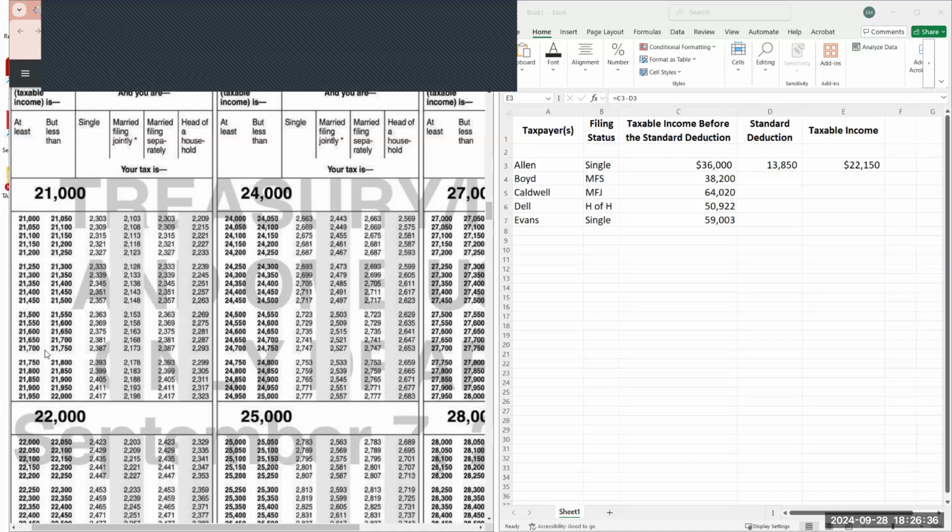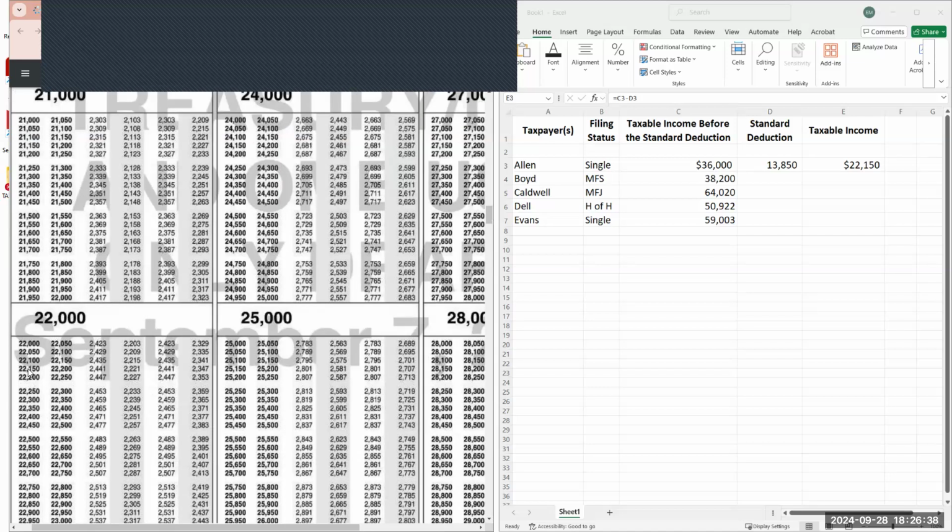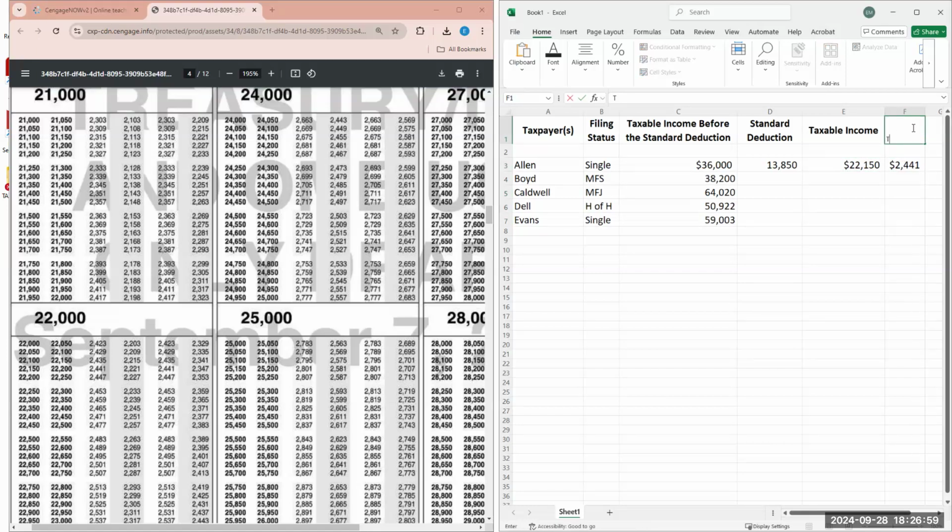So his taxable income is $22,150, right? And he is single. So therefore, his tax liability is $2,441.